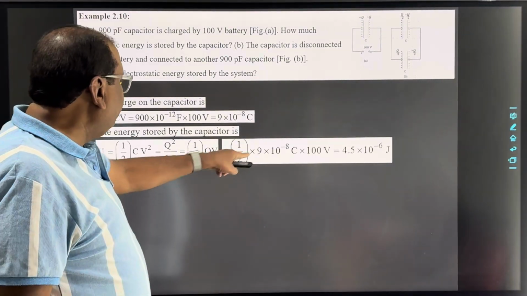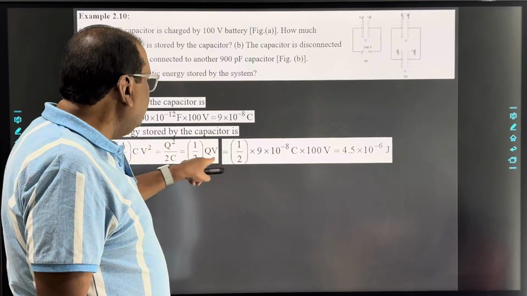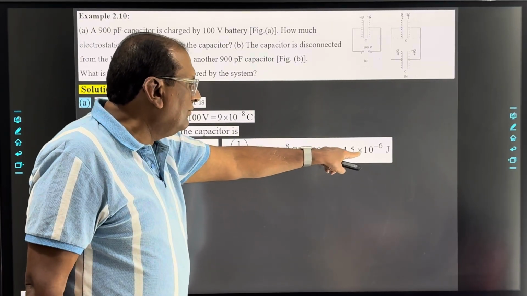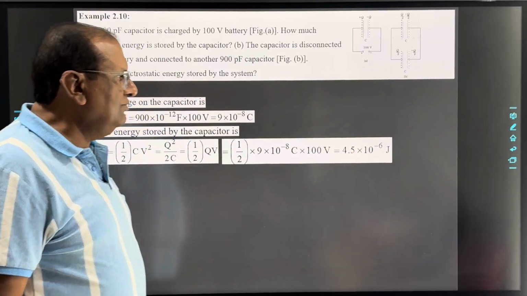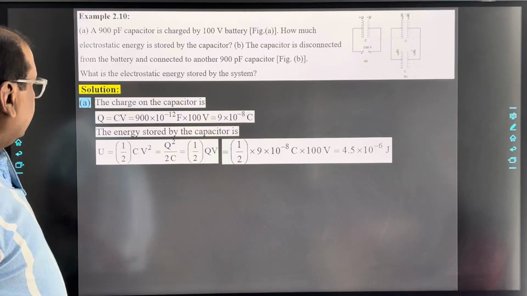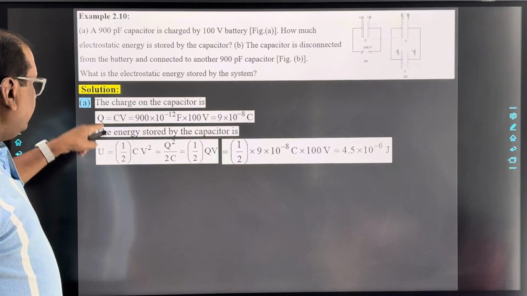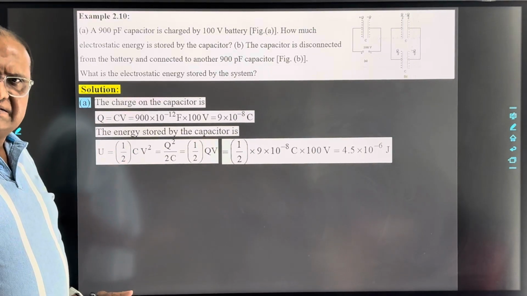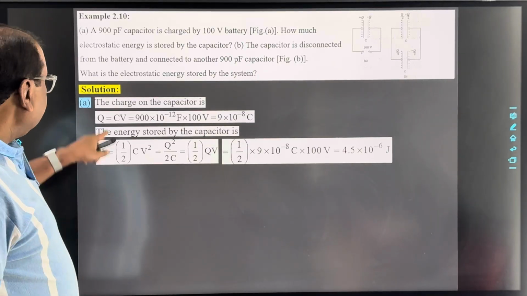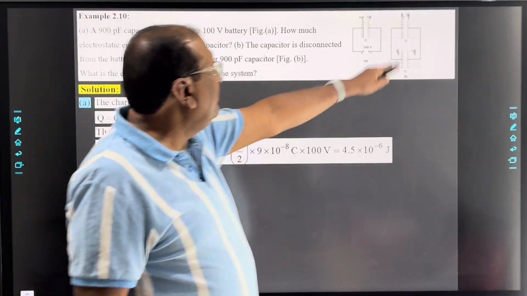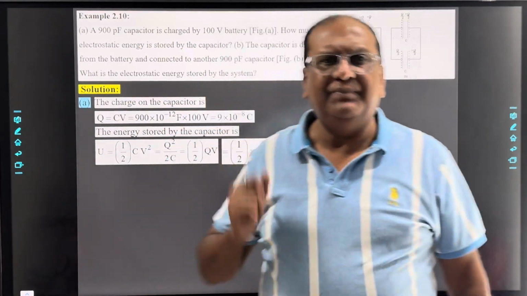So half of Q into V, and you will get the answer 4.5 into 10 raised to minus 6 joule. You can also calculate by substituting the values of C and V, and you will get the same answer. But first we calculated Q because it is useful for the second part of this example.